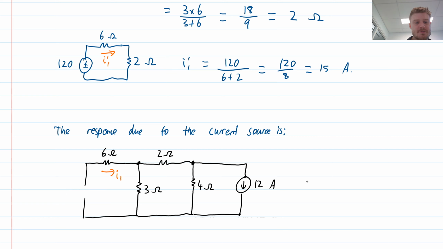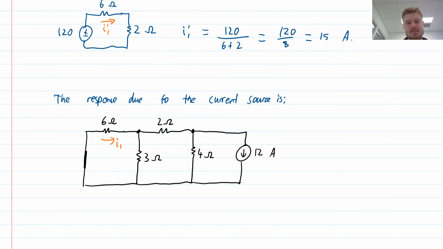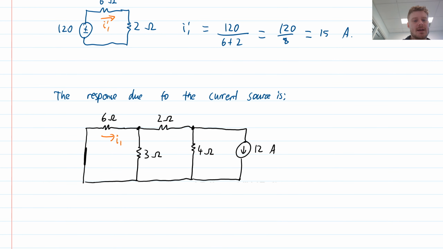To turn off a voltage source, I set it to 0 volts. 0 volts means short circuit. So that's the response due to my current source, and I'm going to label it here as I1 double prime. That's the second partial contribution to my current here, I1.